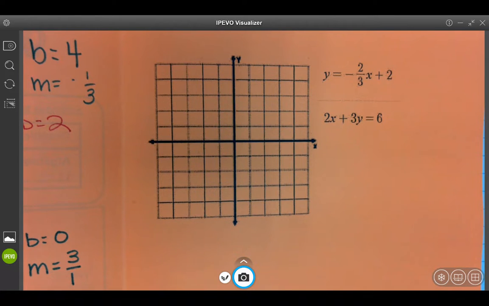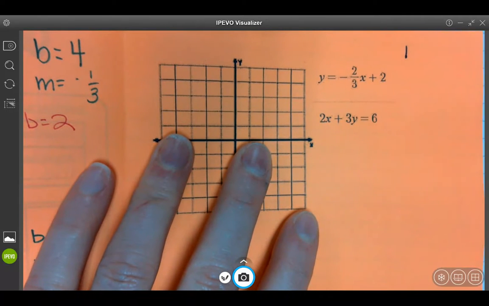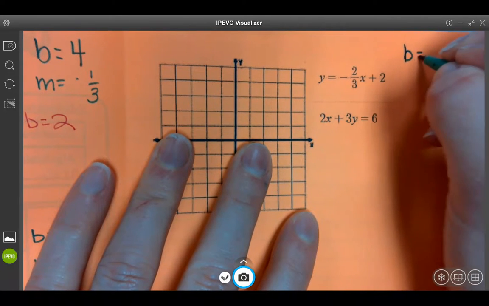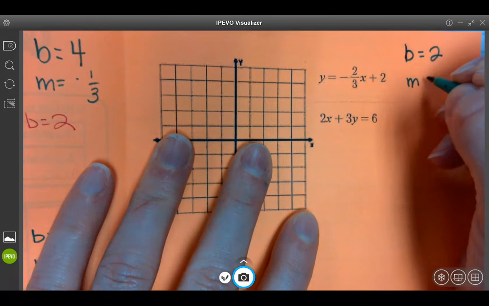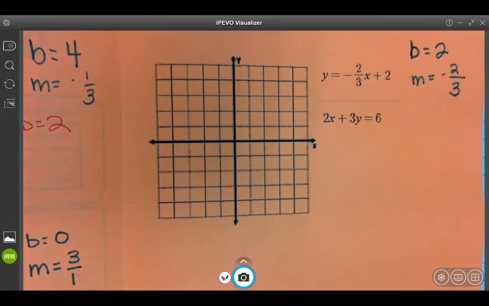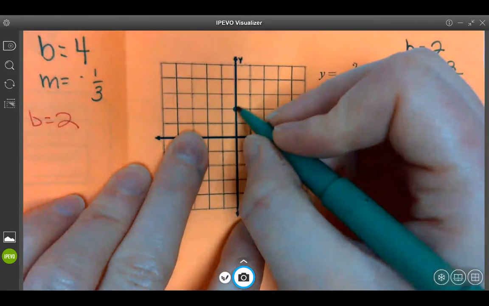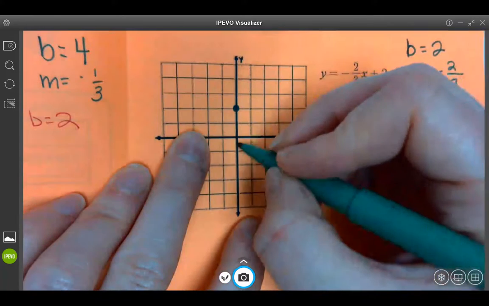Y equals negative 2 over 3x plus 2. So in order to graph, we need to graph our b and our m. So I'm going to graph 2, down 2 over 3.